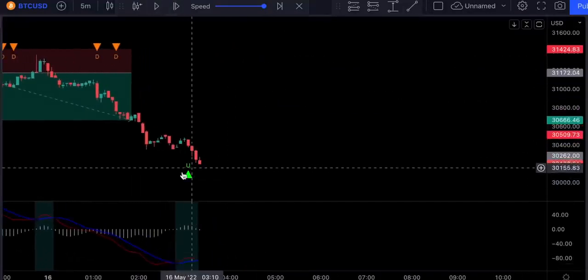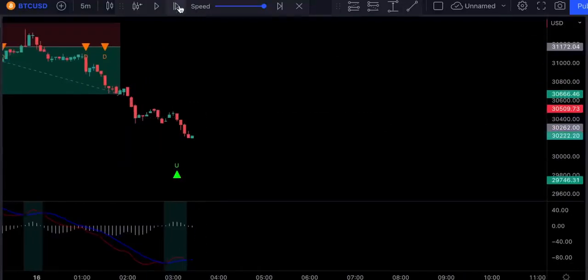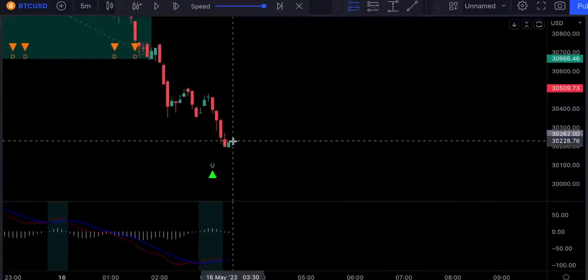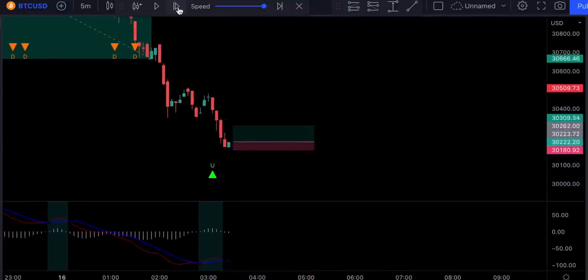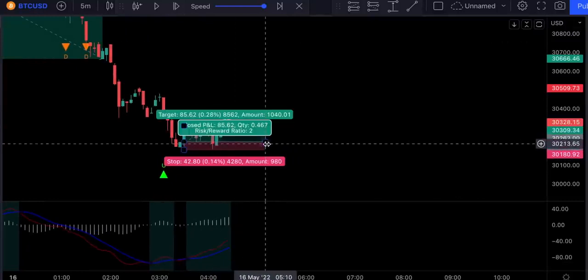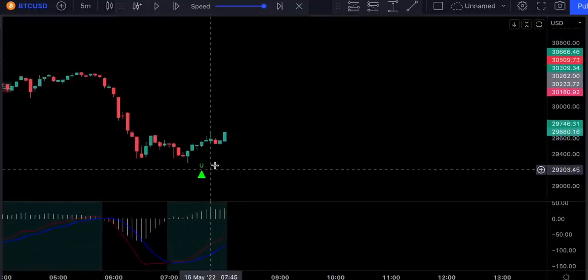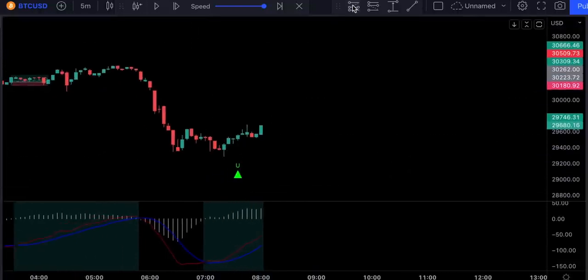Okay, this is where we had a long signal, and now we're waiting for a bullish candlestick. And we see the price easily reaches our take profit target. This long entry is also confirmed.